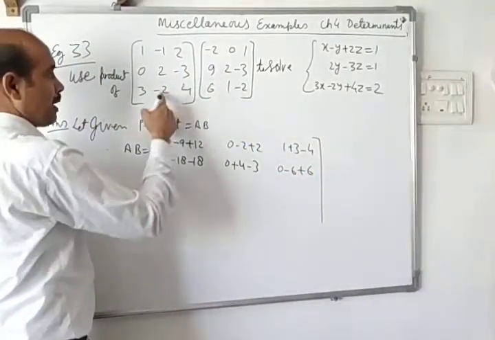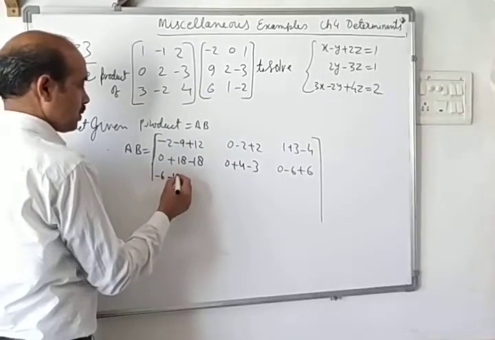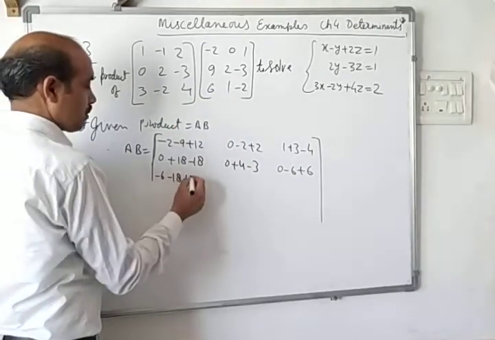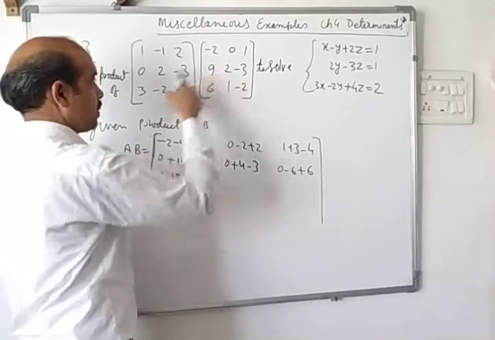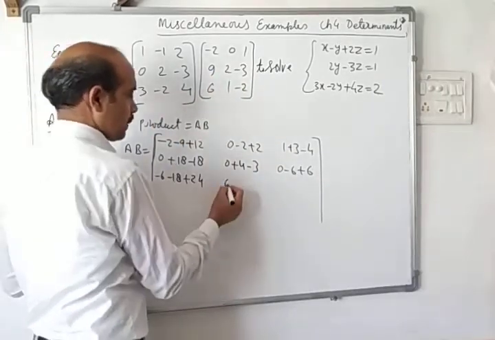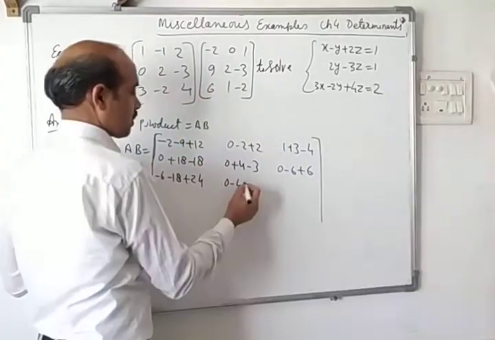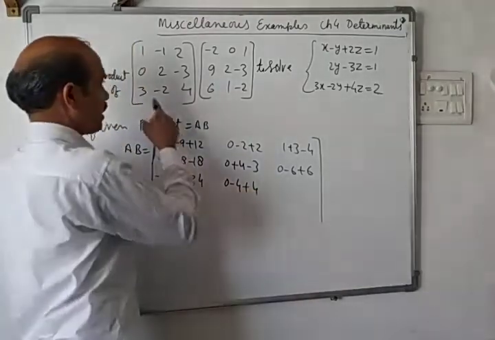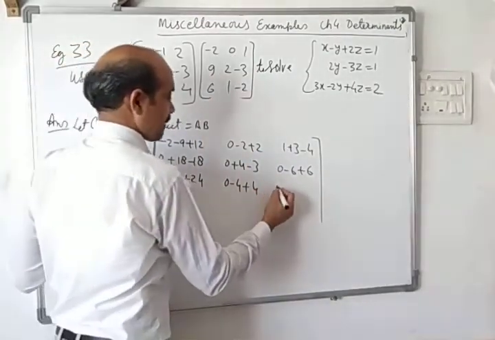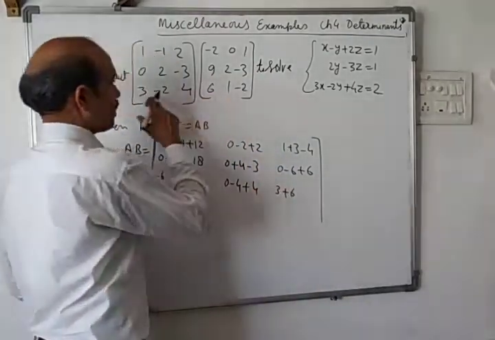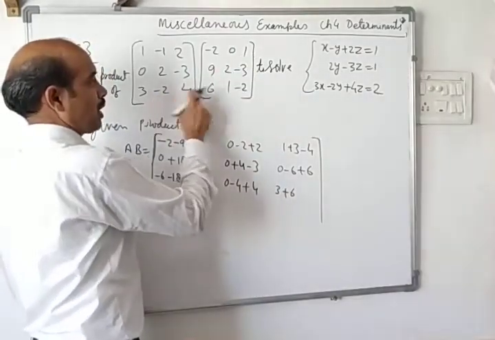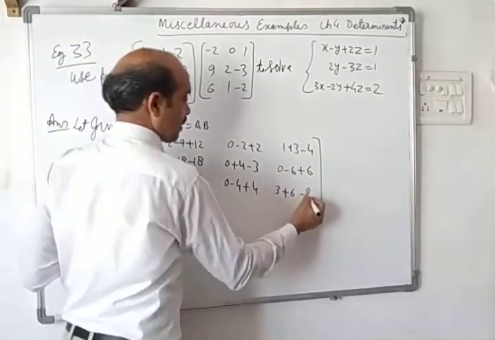Third row: -6 -18 +24, 0 -4 +4, then 3 +6 and -8.